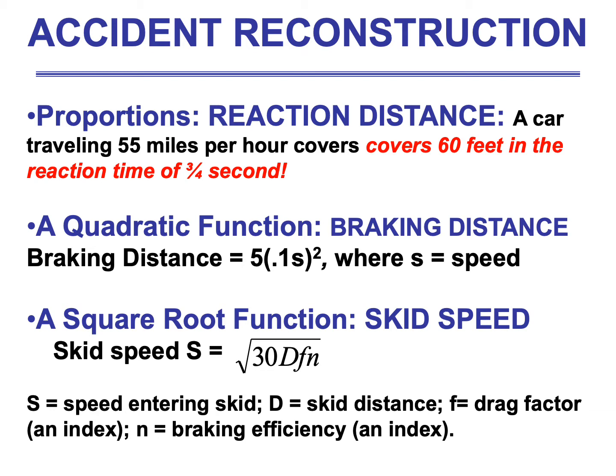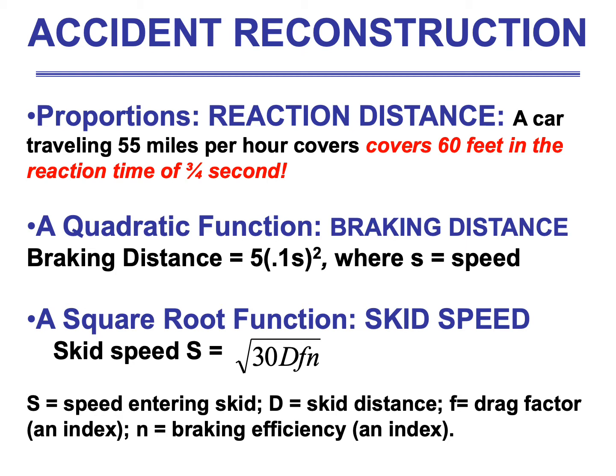To reconstruct the approximate speed of a car entering into a skid, the reconstructionist uses the square root function skid speed formula. More often than not, accidents can be avoided if drivers really understood the mathematics of reaction distance and braking distance. In both cases, a good approximation can be achieved by just knowing the speed at which the car is traveling just before the brake pedal is pressed.